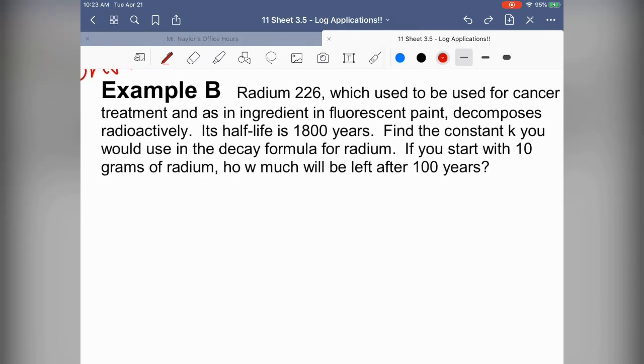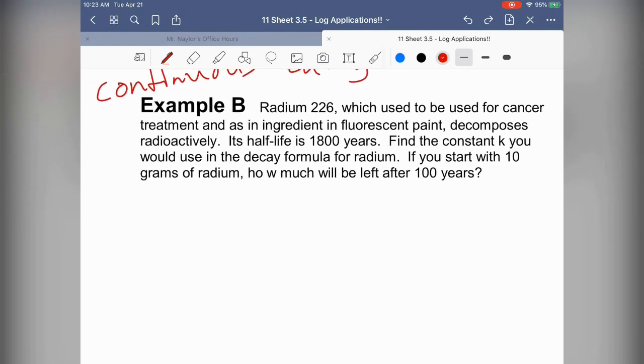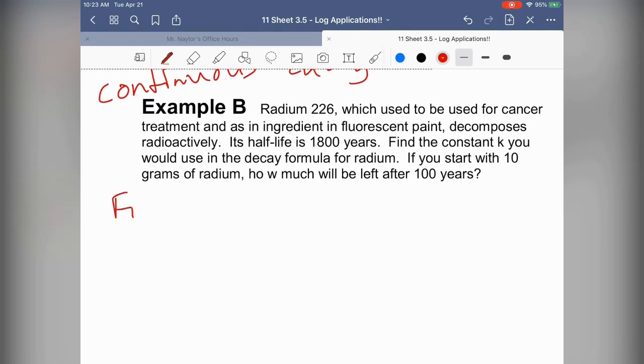When we dig a little deeper into this formula, we find out that the first thing we need to do is find k. Students sometimes ask, well, what is k? And remember, k is just a constant. All we really need to be able to find k is a final value, an initial value, and a time.